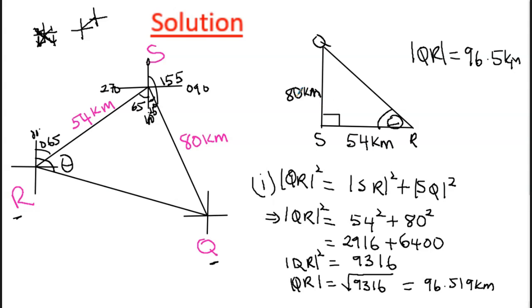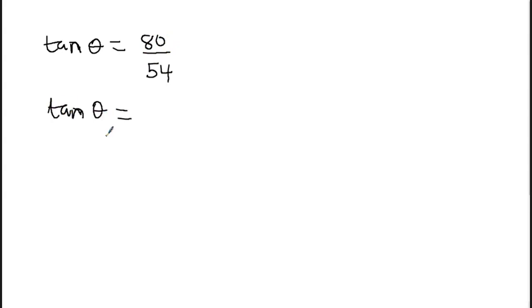So when you have opposite and adjacent, which of the ratios are you going to use? Of course, toa, tan, so ka toa. That is opposite over adjacent. So tan theta is equal to 80 over 54.